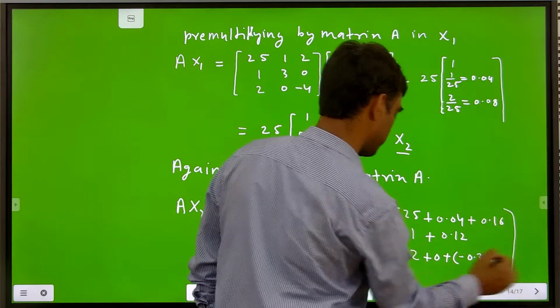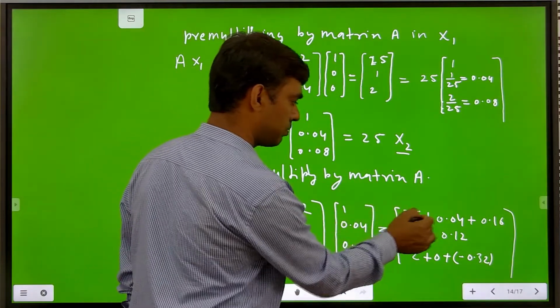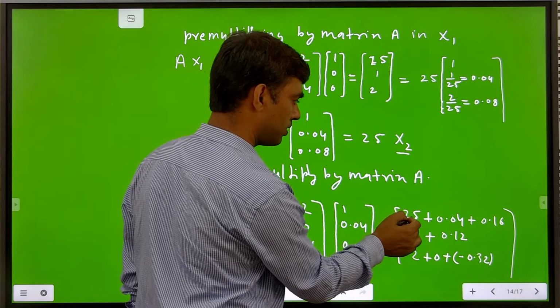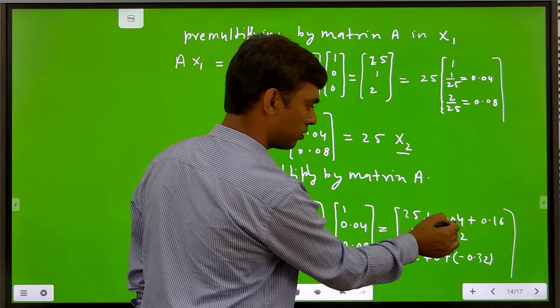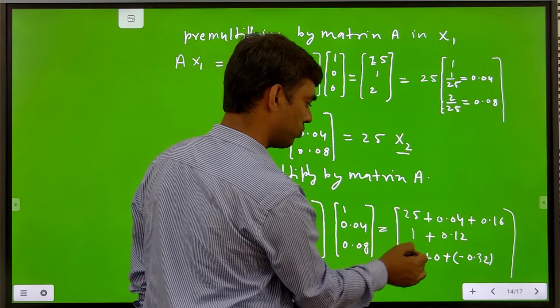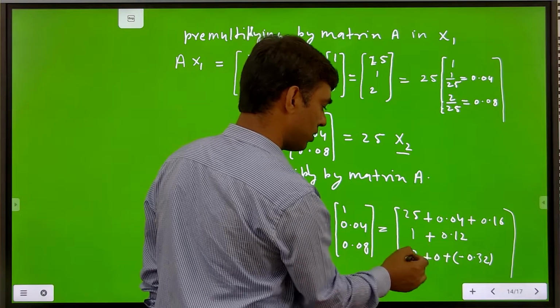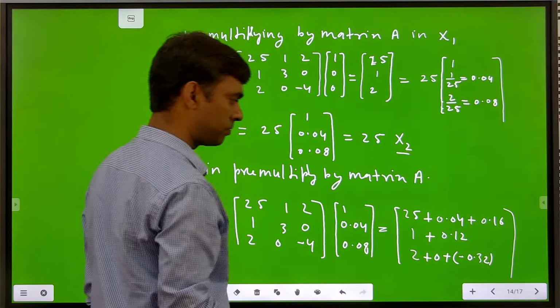So if we simplify this expression, it becomes 25.2, 1.12, and 2 minus 0.32 is 1.68.